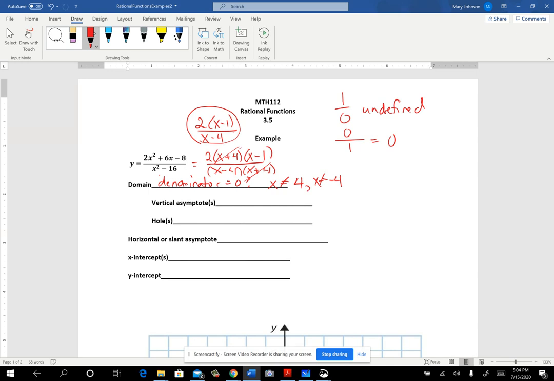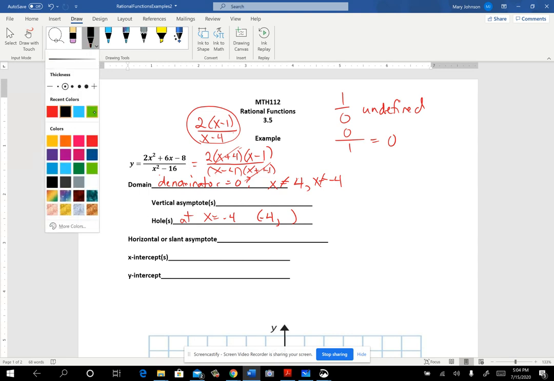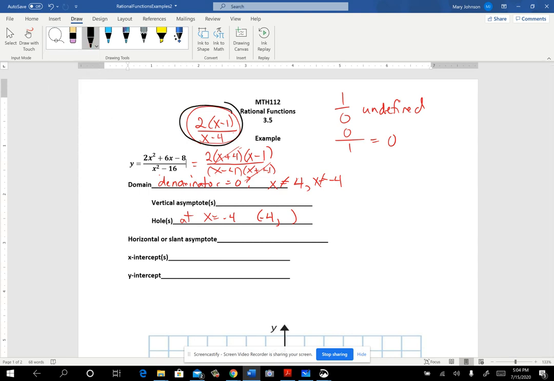That means you're going to have a hole at x equal negative 4. And sometimes you have to write what the coordinates of that hole would be. There is a way to do that if you get into depth on this. All you would do is look at the place up here where we canceled out the trouble spot, the x plus 4.